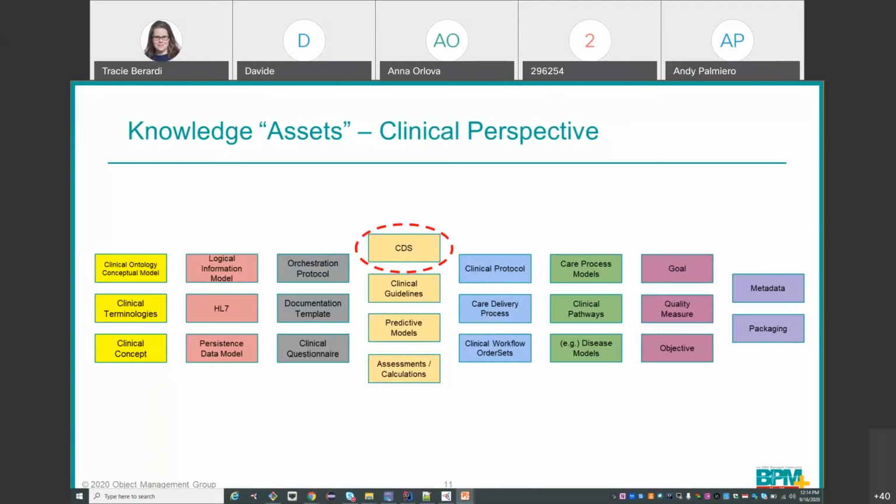Because from this perspective, if we truly look at what is in the ED support tool, we really have a combination of assessment predictive models. Again, this is a scoring tool. We're trying to assess the severity of the patient's COVID case. Some guidelines on what is indicated and what not in terms of testing, care setting, care management setting.